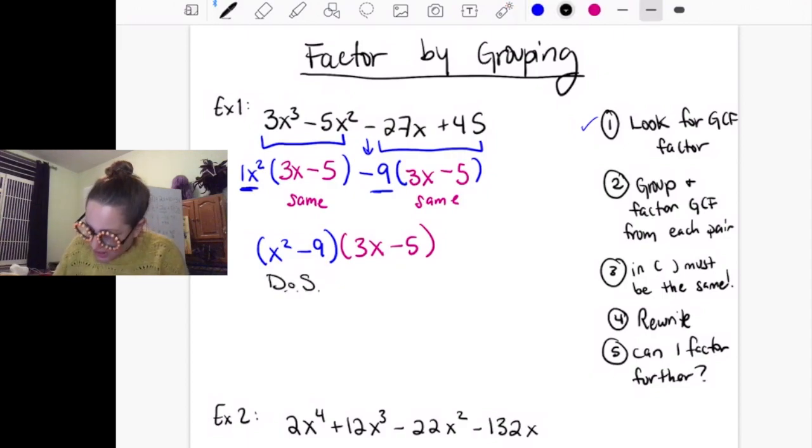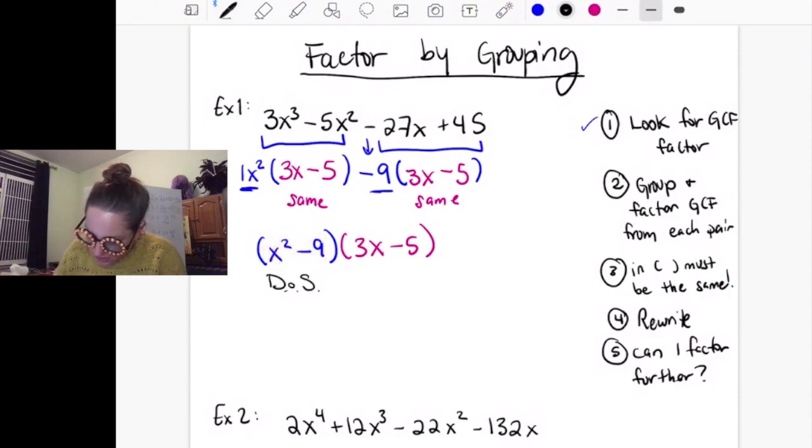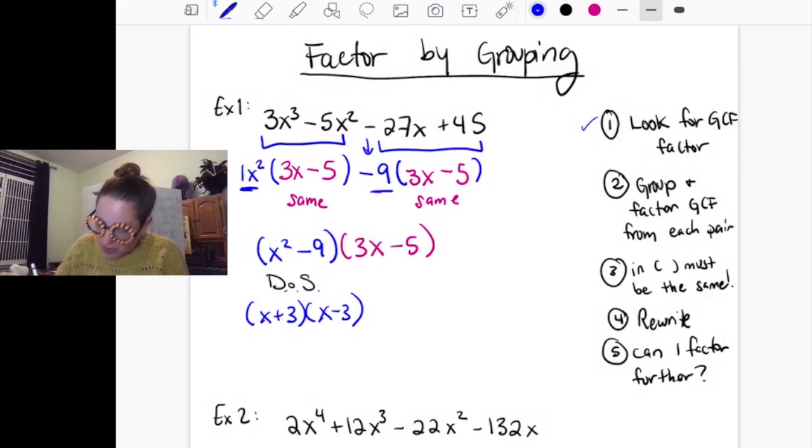Difference of perfect squares means that both terms are perfect squares and there's a minus in the middle. So this factors to x plus 3 and x minus 3. Because 3 times negative 3 is negative 9, but 3 plus negative 3 is 0, and that's why there's no middle term. And then I just bring down my 3x minus 5.